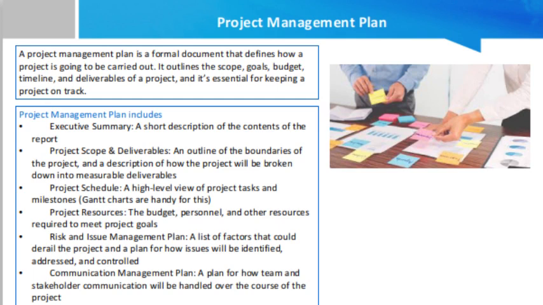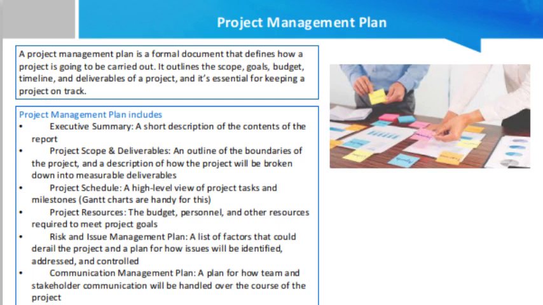Communication management plan, a plan for how team and stakeholder communication will be handled over the course of the project. Basically, a project plan should tell stakeholders what needs to get done, how it will get done, and when it will get done. That said, one size doesn't fit all. Every project management plan must be tailored to the specific industry and circumstances of the project.